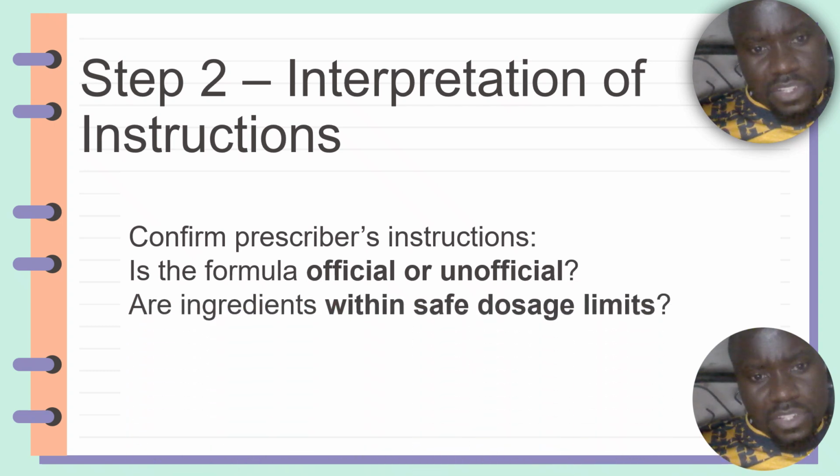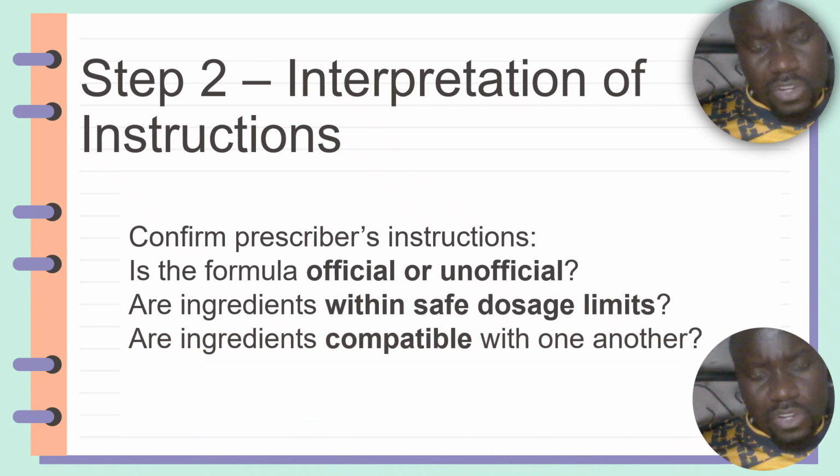The ingredients, it's important we check if these ingredients are actually within the safe limits in terms of the suggested dosages. And also with these ingredients, we have to watch for interactions, pharmaceutical interactions that may result from incompatibilities. So this is very, very important.